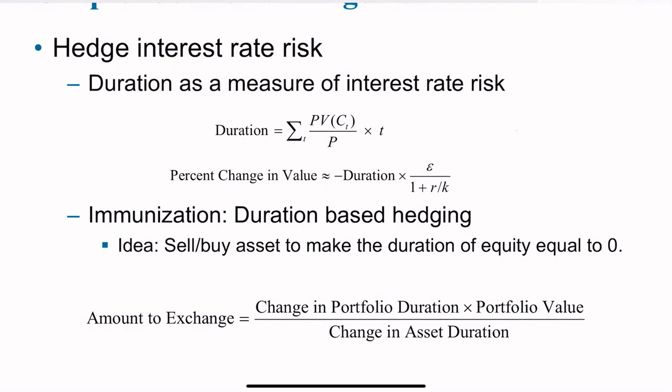Well, you can buy and sell the bank's assets to make the duration of equity equal to zero. The idea here is that equity can be considered as a portfolio of assets and liabilities. So if assets have a very long duration, then you should sell assets to reduce the duration. In this case, you will reduce the equity's duration to zero.